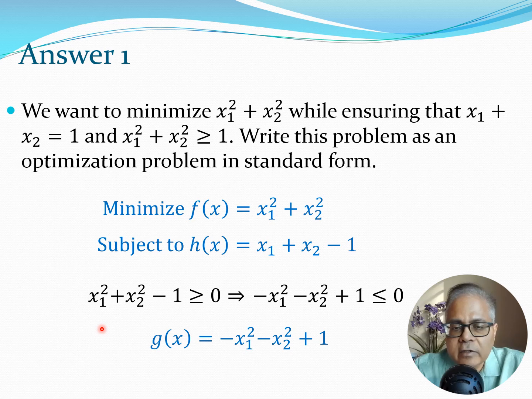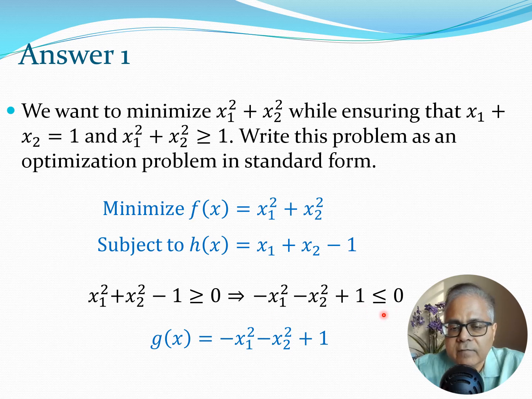Now if we look at the inequality constraint, it has this greater than or equal to form, and for the standard form we have to convert it into the less than or equal to form. So I multiply both sides of this inequality by -1, and that flips the sign, so I get minus x1 square minus x2 square plus 1 less than or equal to 0.